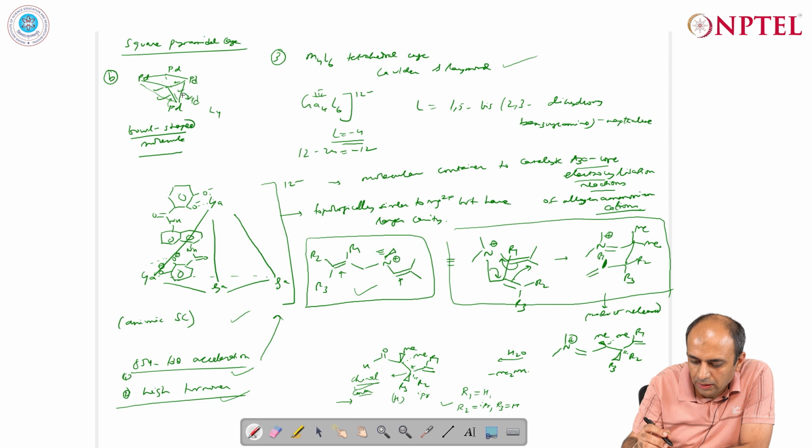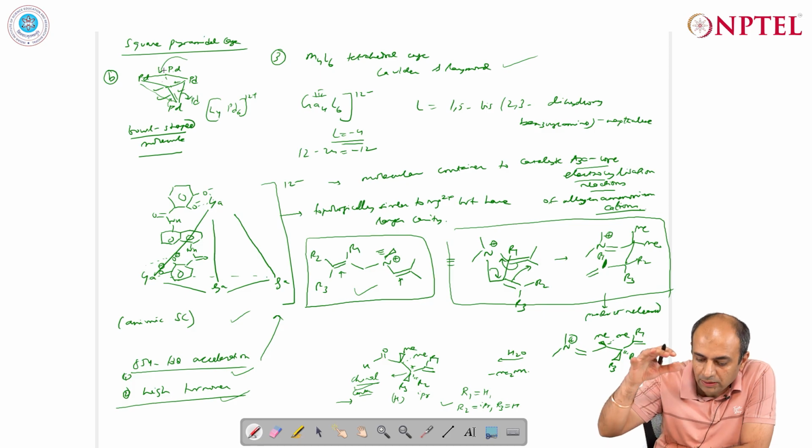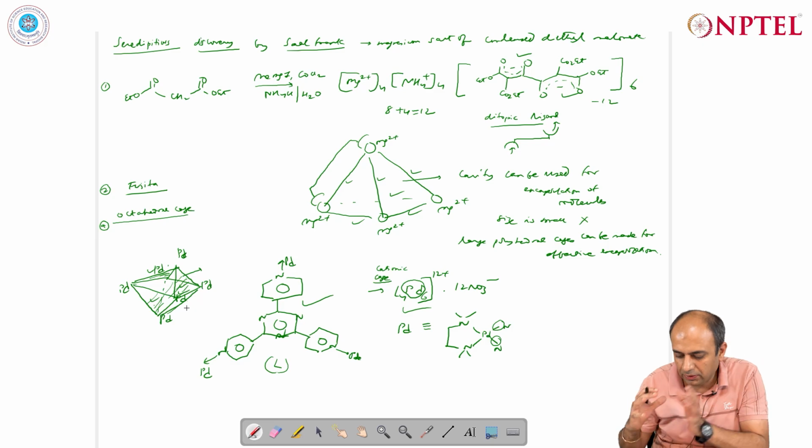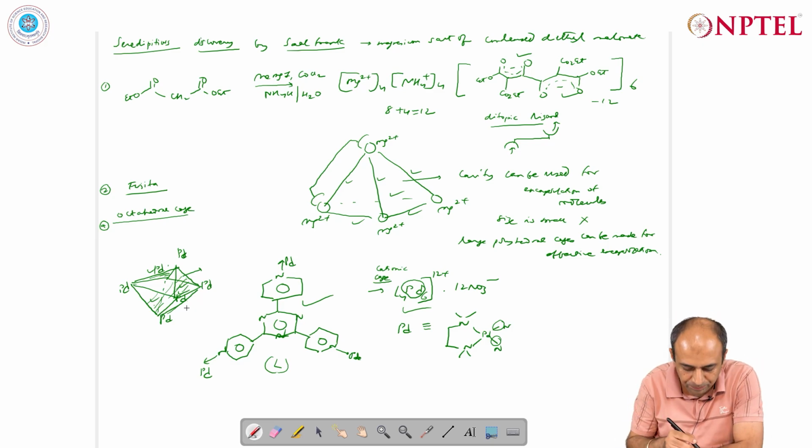So, overall there are 6 palladium centers. That is, again it gives the Pd6L4 12+ macrocyclic cage. Square pyramidal cage, you see that this is open from the top face, whereas Fujita's octahedral cage is having this kind of an arrangement.